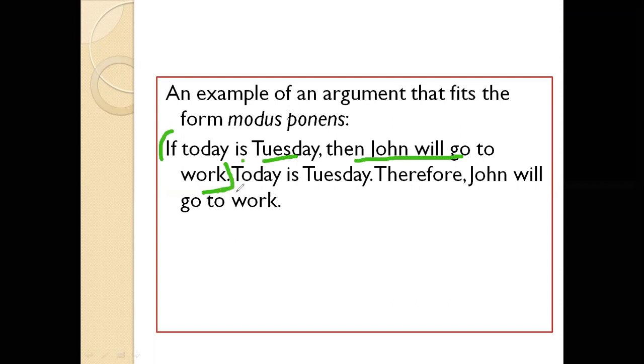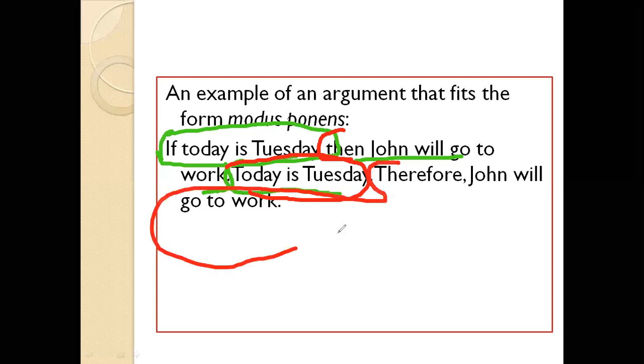Again, it is given: this is the antecedent part, if today is Tuesday, and the consequent part is then John will go to work. Now the antecedent is the case here, that is, today is Tuesday. So due to modus ponens, we can say that therefore John will go to work.